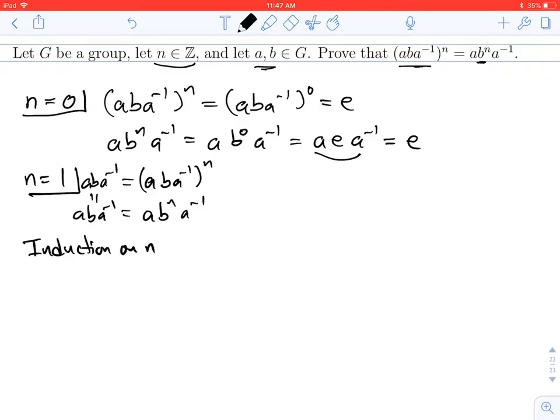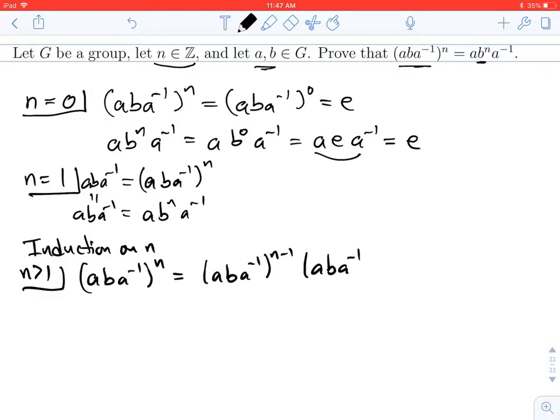So we're going to look at the case where n is greater than 1. So in this case, ABA inverse to the n. Well, I can pull out n minus 1 of those factors. So I'll have ABA inverse to the n minus 1 times ABA inverse. And by induction, the ABA inverse to the n minus 1 is A B to the n minus 1 A inverse.